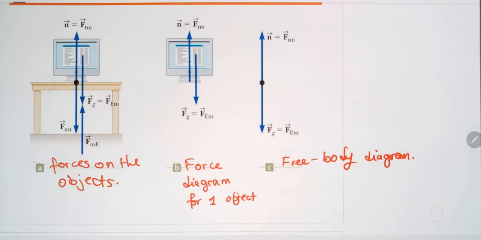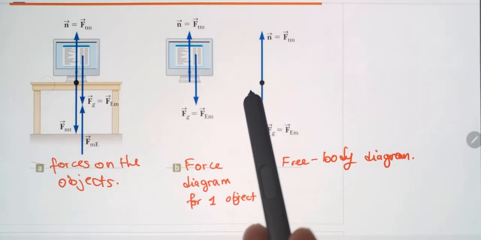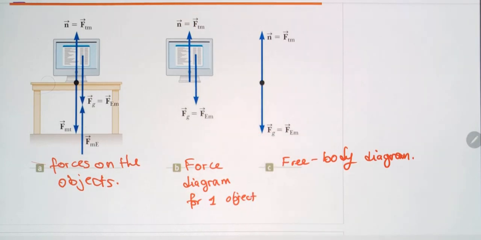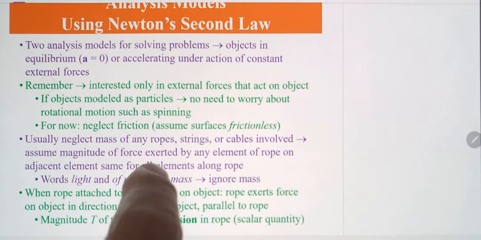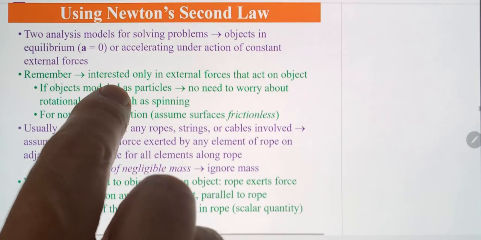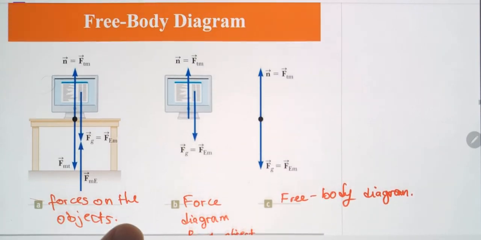Yes, as I told you, many questions first say draw the free body diagram. The action, you mean the action and reaction?